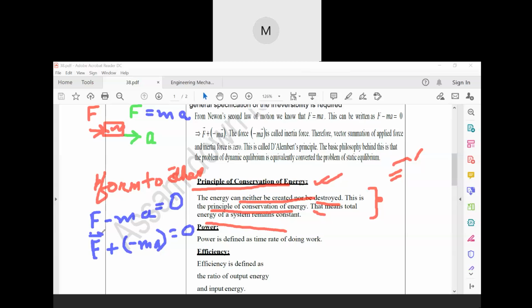Now F is what? A vector quantity always. The force is a vector because F has both magnitude and direction, right?